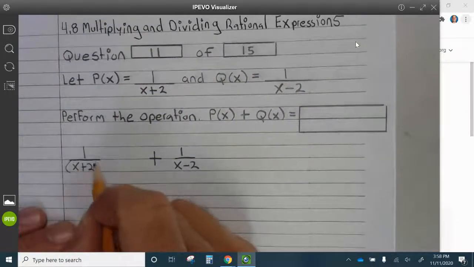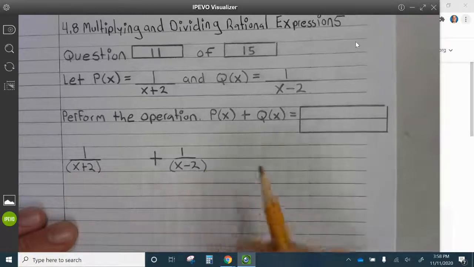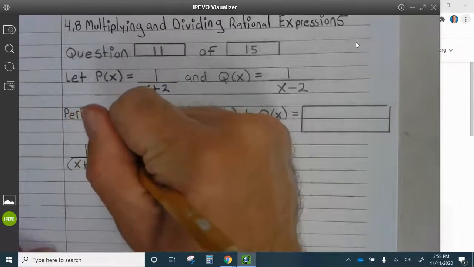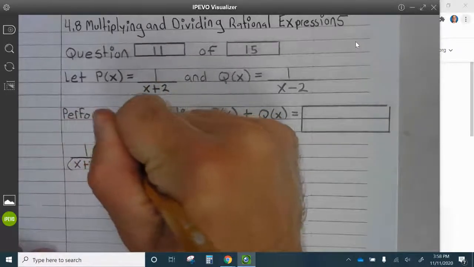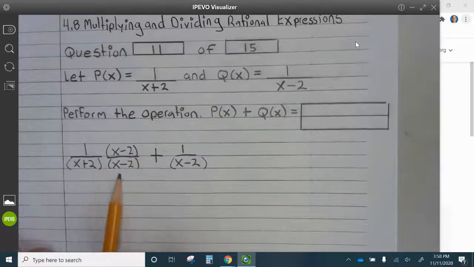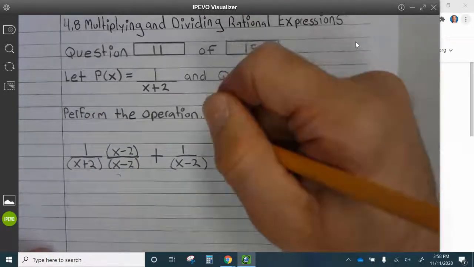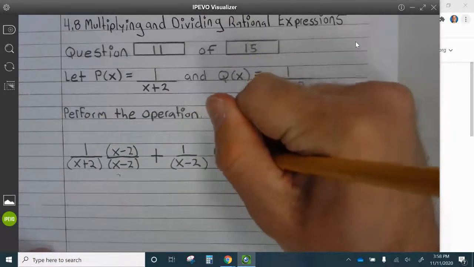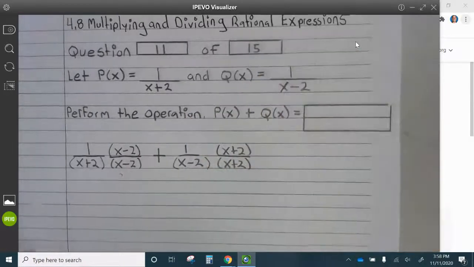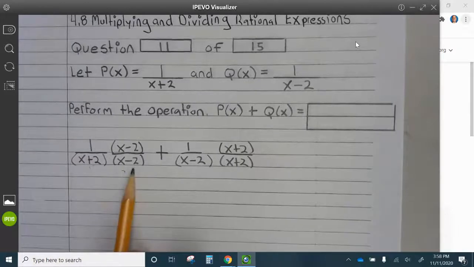Now, let's go ahead and put those in parentheses. Now, in order for these to be added, we have to have the same denominator. So we need to multiply this by x minus 2 divided by x minus 2. Now, if we multiply this times x plus 2 divided by x plus 2, now they have the same denominator.